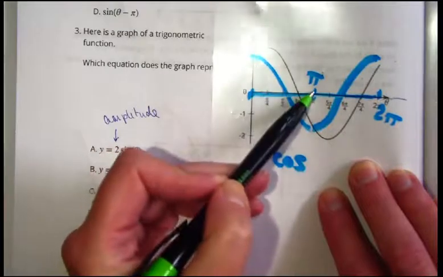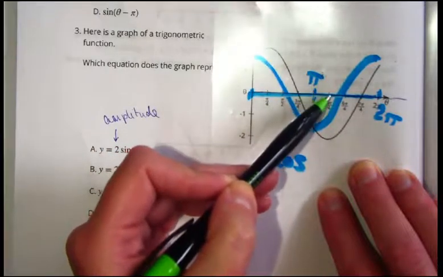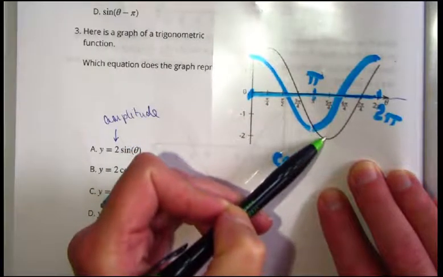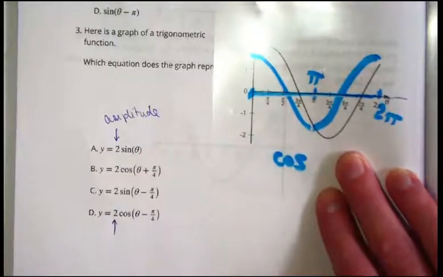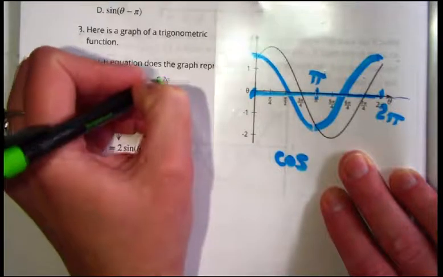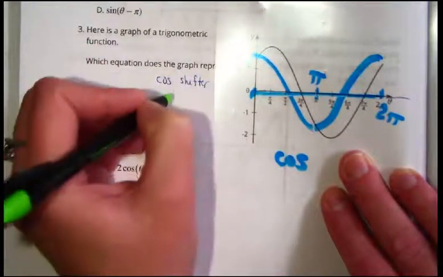So it moved from 4 pi over 4 to the right, to 5 pi over 4. See how it took that low point and moved it over here. So when I think about the cosine graph, it is cosine, but shifted to the right.